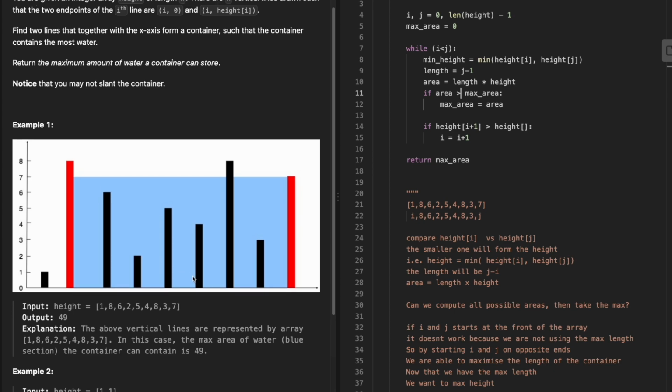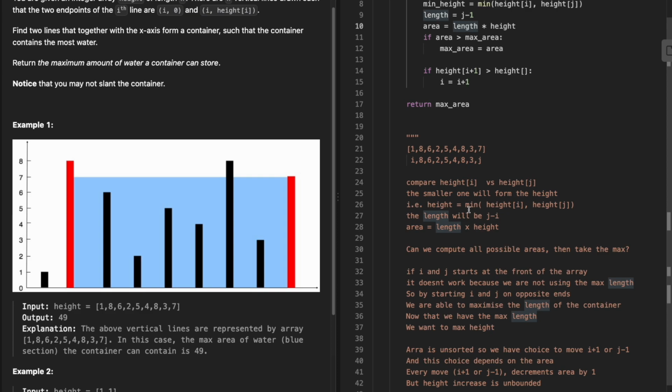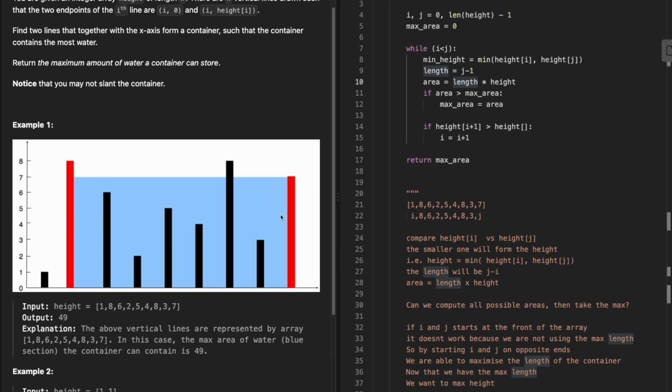I can always have, for example, 100 here and 100 here, and then we just take 100 times 1, it would still beat anything in the middle. So this is still pretty tricky. I'm not sure how to tackle this. We have min height equals minimum of height i and height j. Essentially this is the solution I have right now.